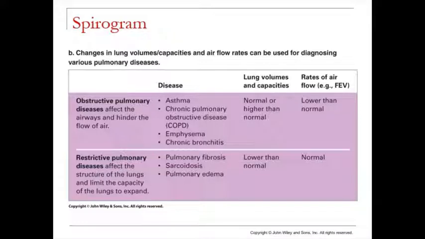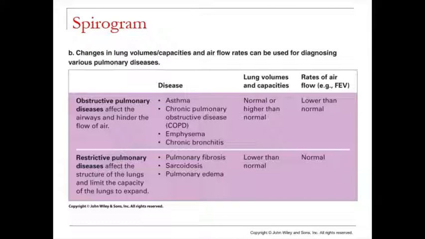Or, on the other hand, you might have what's called a restrictive type of pulmonary disease. Again, they give you a hint in the name. They're called restrictive because now something's restricting the lungs, really restricting lung expansion. So it can't expand, and if it can't expand, it's not going to fill up to its normal volume. So what would that look like?